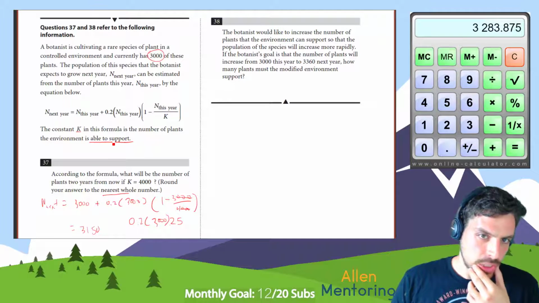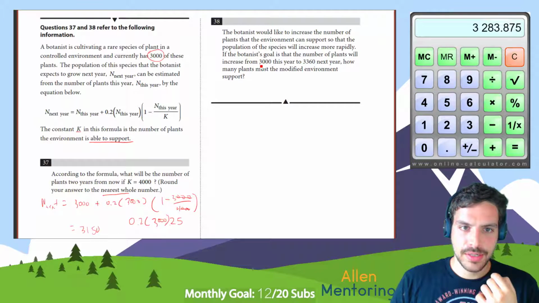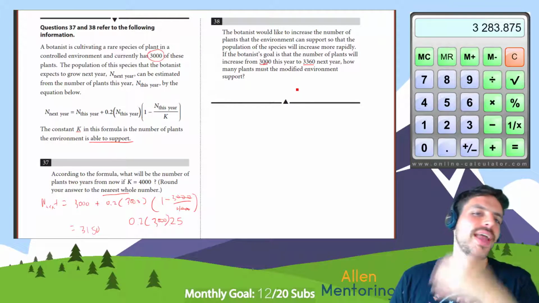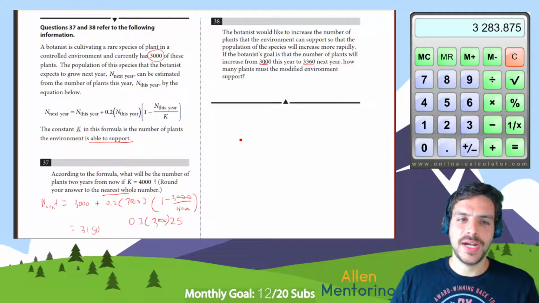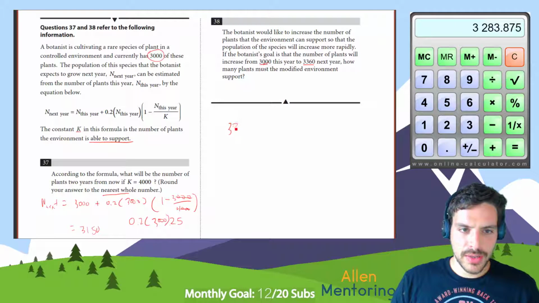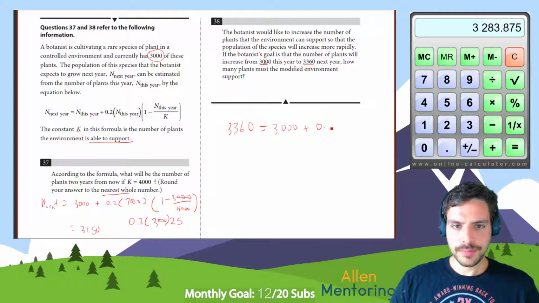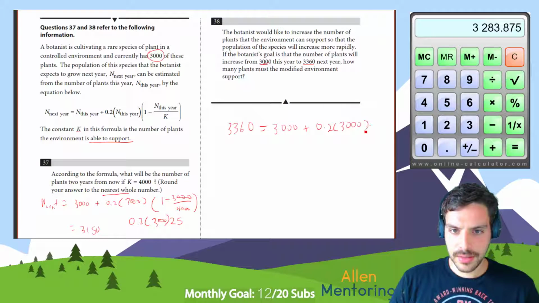So in our case, we want to use 3,000 for this year. Okay, 3,360 for next year, and that will help us find K. So we're going to plug in 3,360 for next year. And we're going to basically do this problem, except this time we're not solving for next year, we're solving for K, which might present a few extra issues.